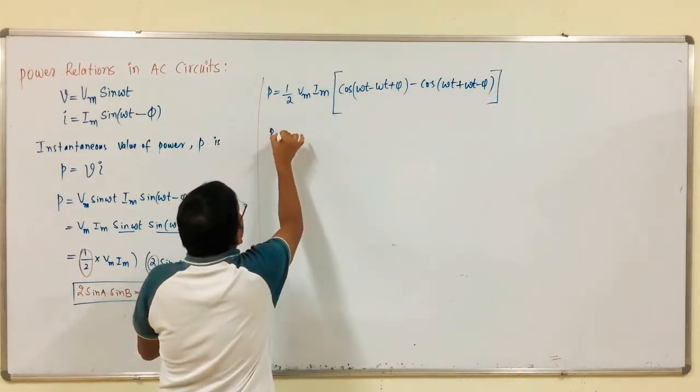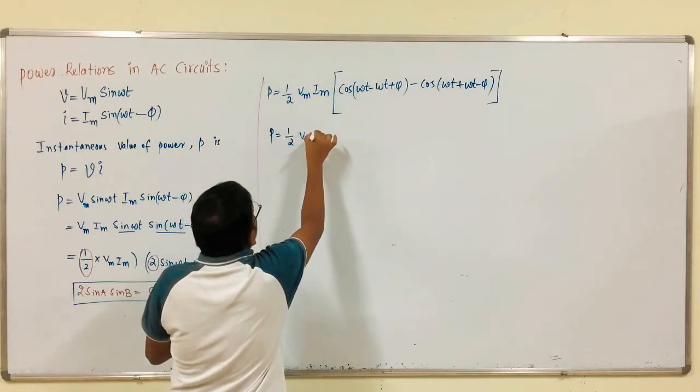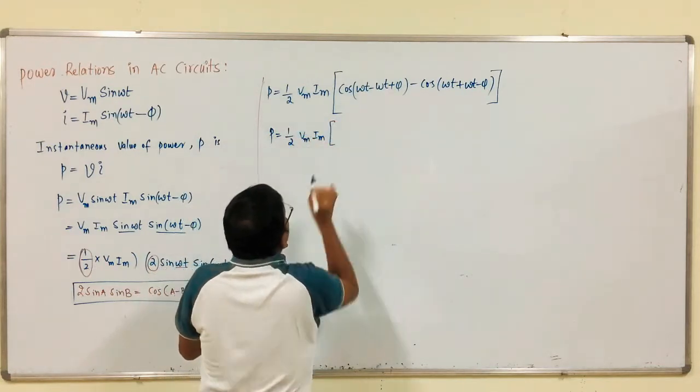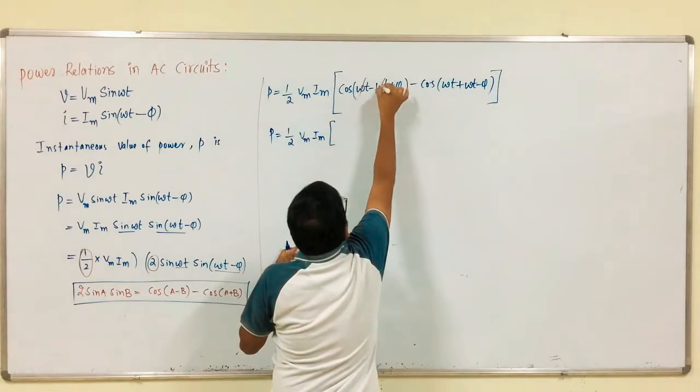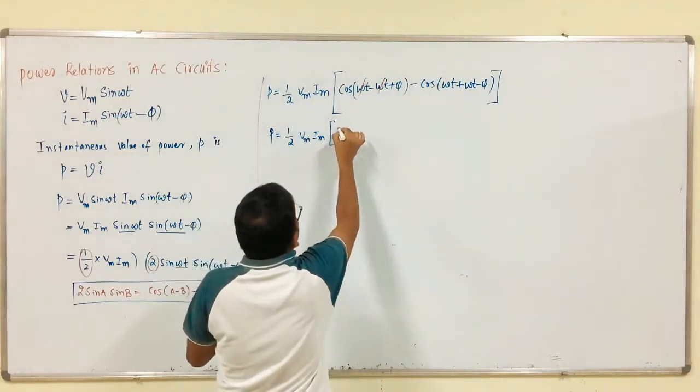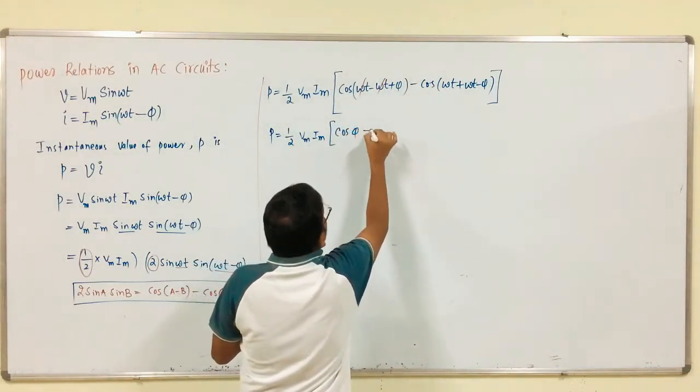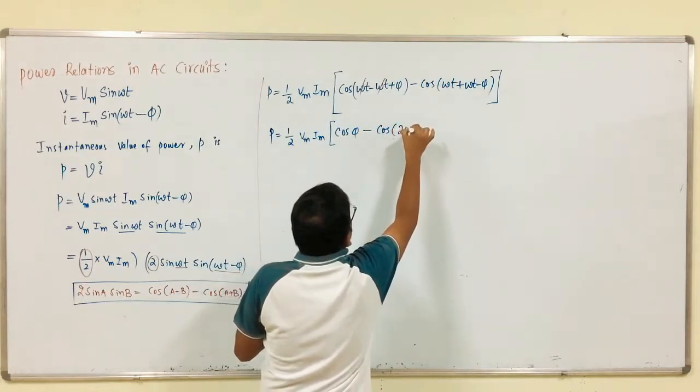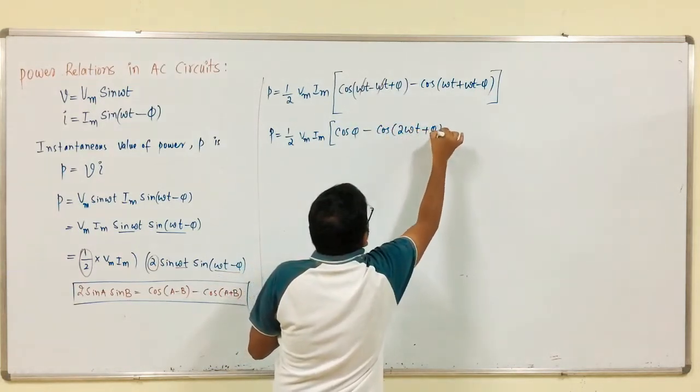Now p is equal to half into Vm Im. Here omega t cancels, and finally we got cos phi minus cos(2 omega t plus phi).